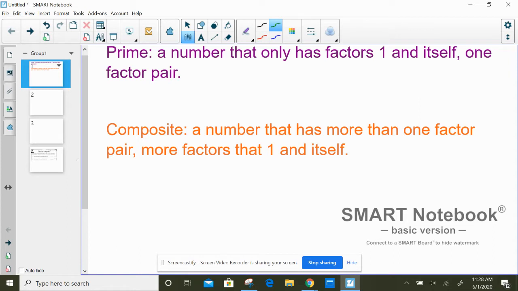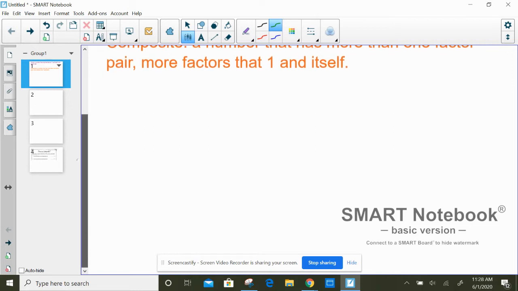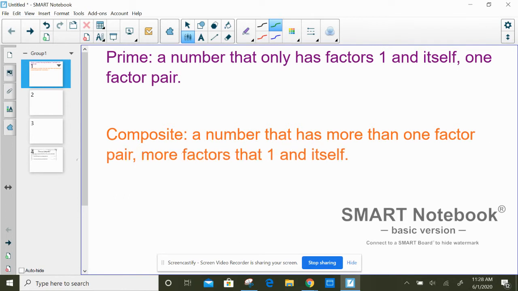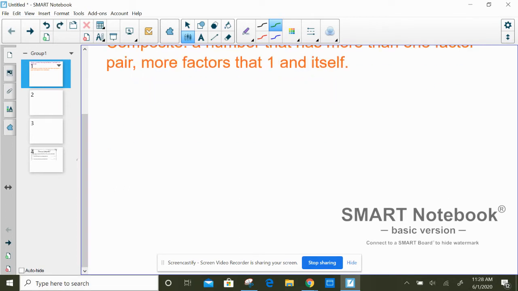Okay? Composite means that you have more than one pair of numbers that you can multiply together to create that number. So for example, 18. To create 18, there's a lot of different combinations of numbers you can use. That means that there's more than one factor pair.